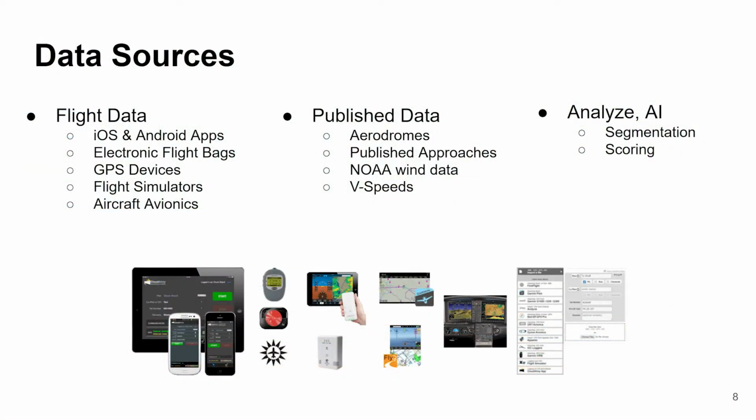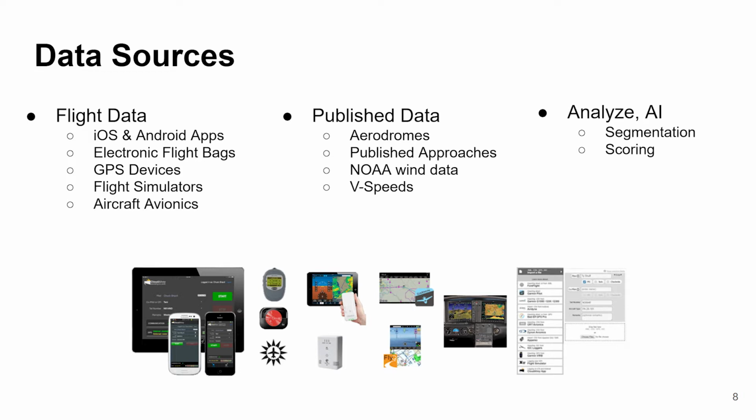One of the questions I always get is, where does the data come from? CloudAhoy is able to ingest data from many different sources. We publish apps for both iOS and Android. We can accept data from several electronic flight bags like ForeFlight and Garmin Pilot, or you can even use a portable GPS device. We're even able to accept data from flight simulators and directly from aircraft avionics like the Garmin G1000.